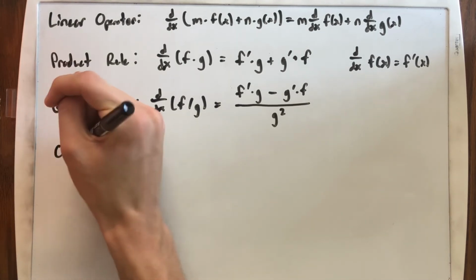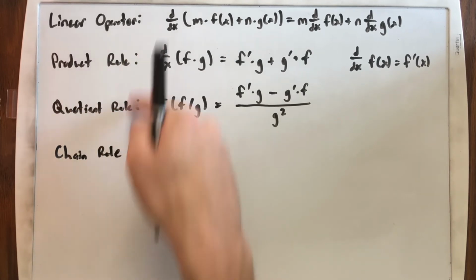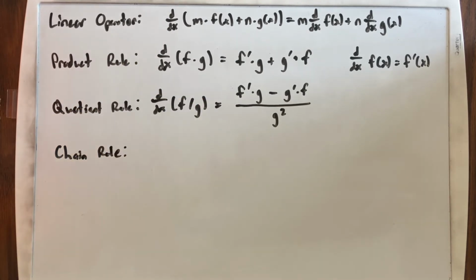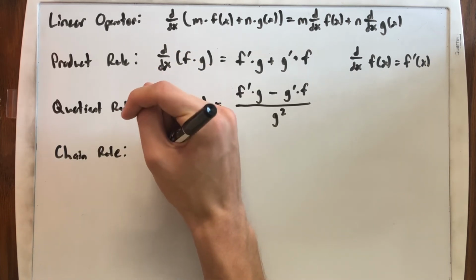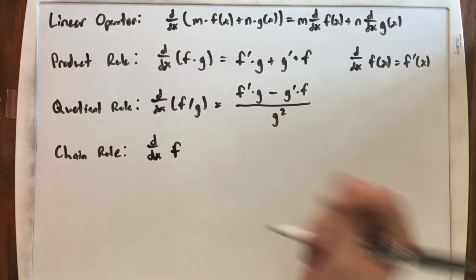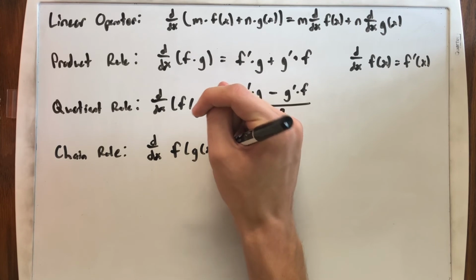Now finally, possibly the most important among these three is the chain rule. Now the chain rule looks something like this, where you have a derivative of a function f composed with a function g.